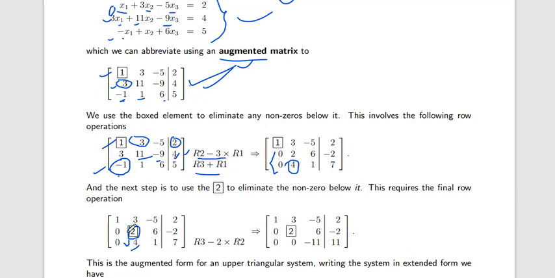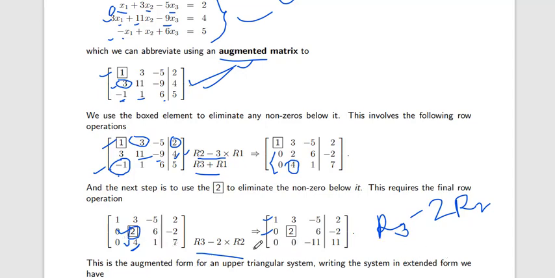If we take R3 minus 2 times R2, then we will get 0 below. This converts 4 into 0: R3 minus 2 R2. The first row remains the same, and the second row remains the same.